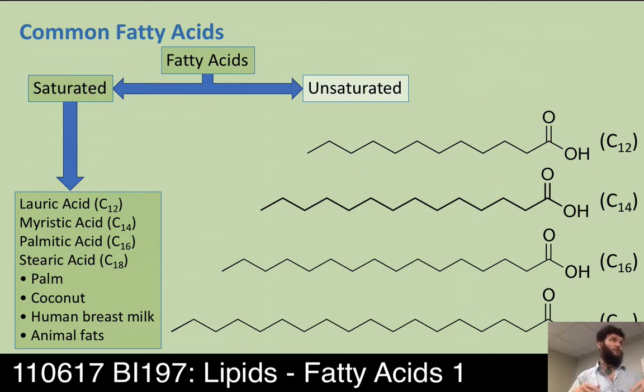So these are fully saturated, so you expect them to have a higher melting point. All right, so these fatty acids are going to be fluid in a warmer climate, which is why you also find them in palm oil and coconut oil. These tend to be much more heat stable fatty acids. All right, palms and coconuts, tropical.